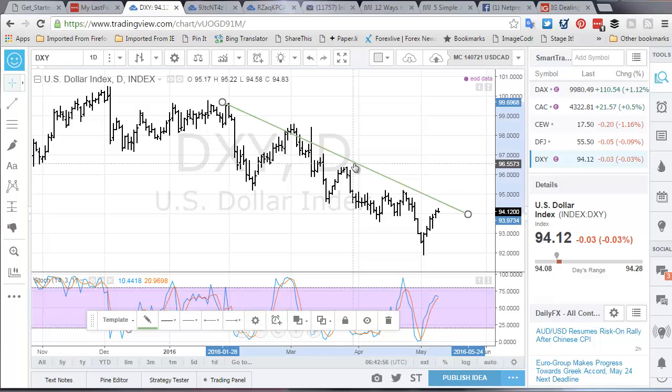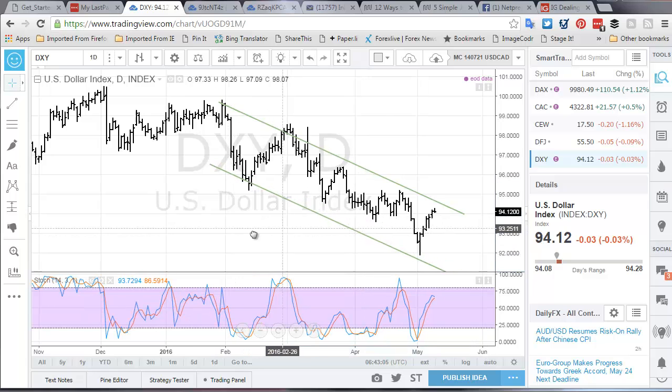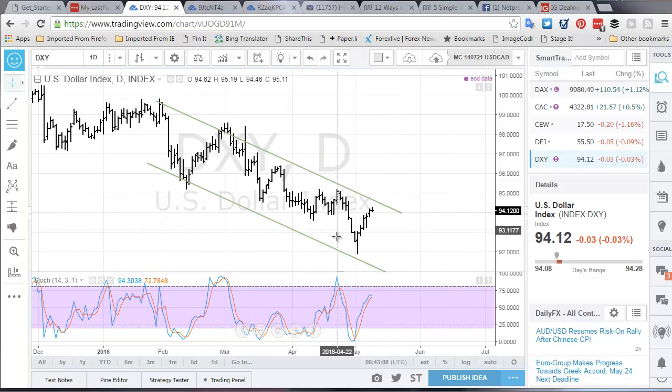So let's just draw the channel in. You can see it's firmly running in a channel, and it may have reached, it's certainly reaching the bottom of the channel, but particularly this bar here is important, because this bar is a low test bar at the bottom of the channel. So what we're starting to see is that the dollar is strengthening.